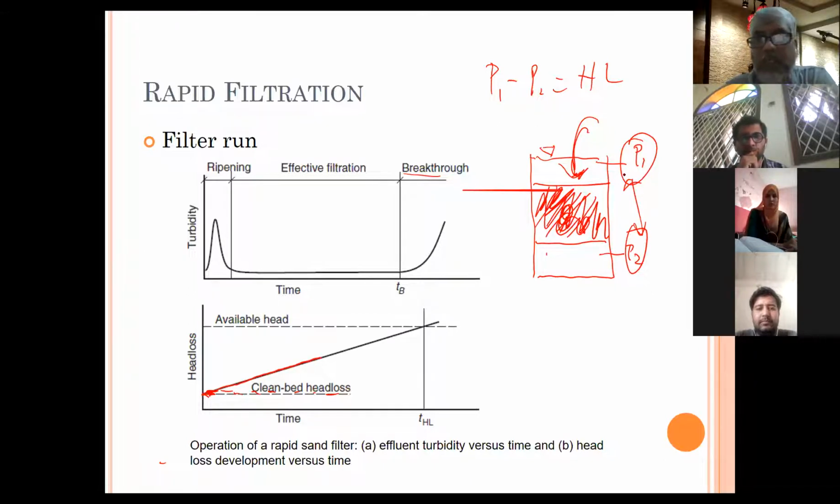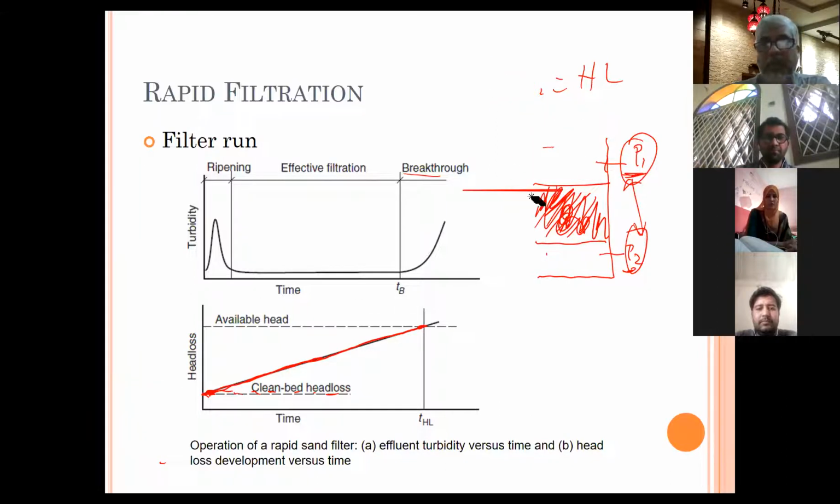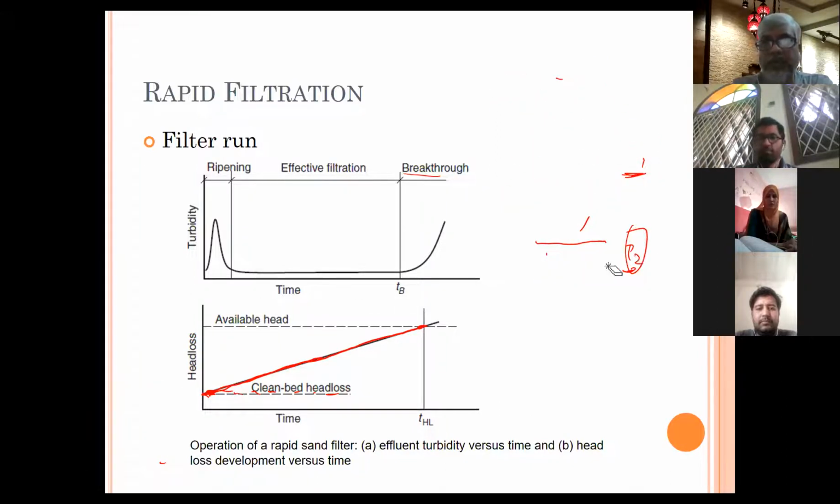Then you will see an increase in head loss, meaning the pressure here and the pressure here will be very different. Let me draw.